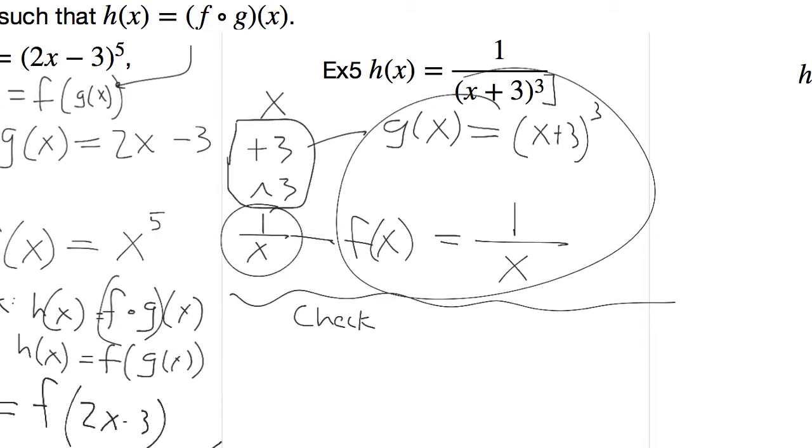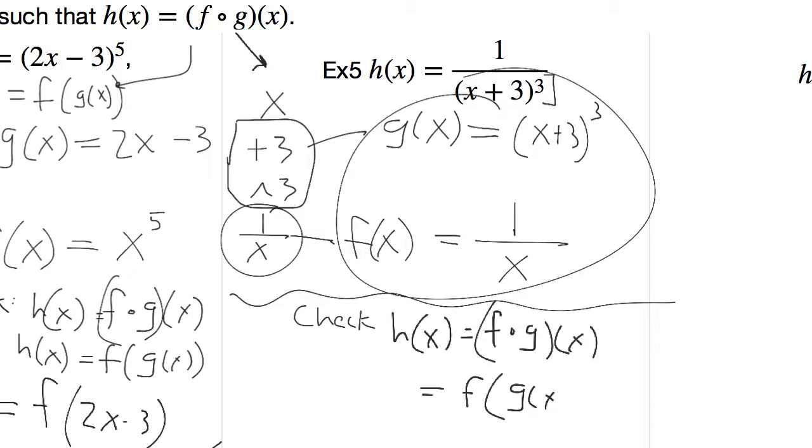I'm going to copy this down here. Check. Is h of x really the composition of f and g of x? Let's find out. That's really f of g of x.